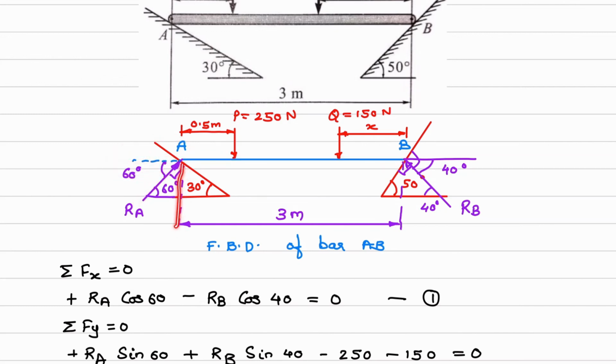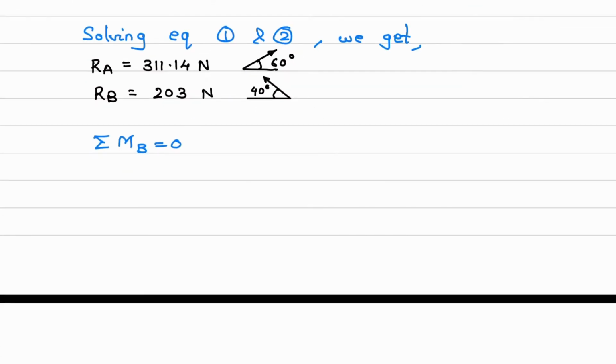What about the vertical component? Its distance from point B is 3 meter. Keep your thumb at B, and rotate the vertical component, so it will be clockwise. So minus RA sin 60 into distance 3.